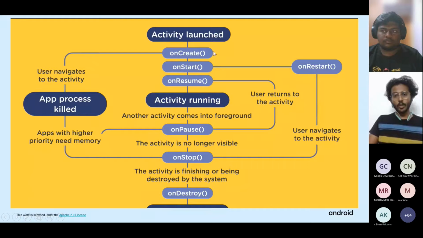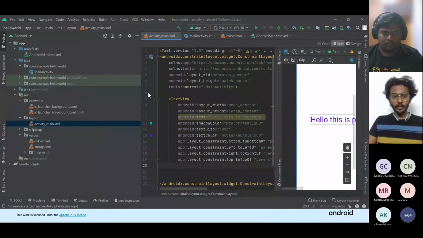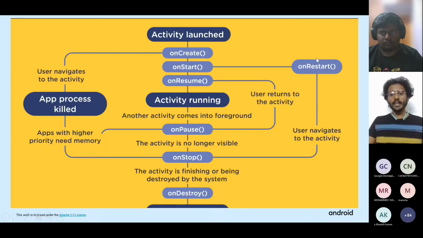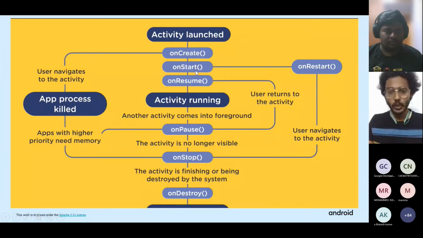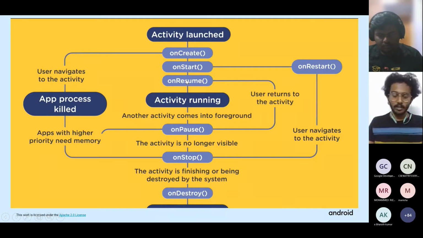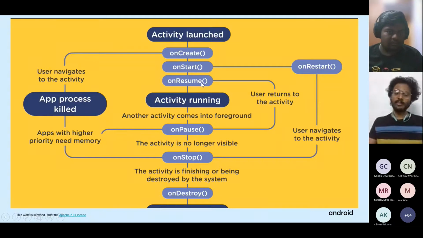The activity launched will start with the onCreate function, as you have seen in the Android Studio Kotlin file. This is where all the code goes, and after that, when an activity starts, it goes into the onStart function. From there, it is divided into two parts, whether to resume the application, like when you are moving into the next screen. This can't keep taking the data or memory from your phone, as it would be a burden for your phone.